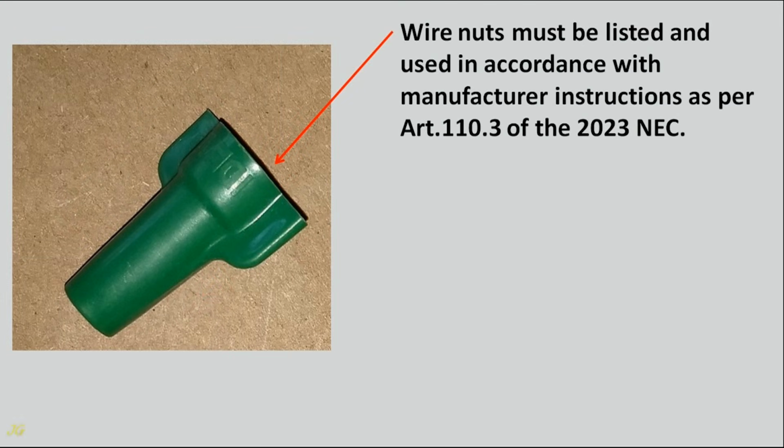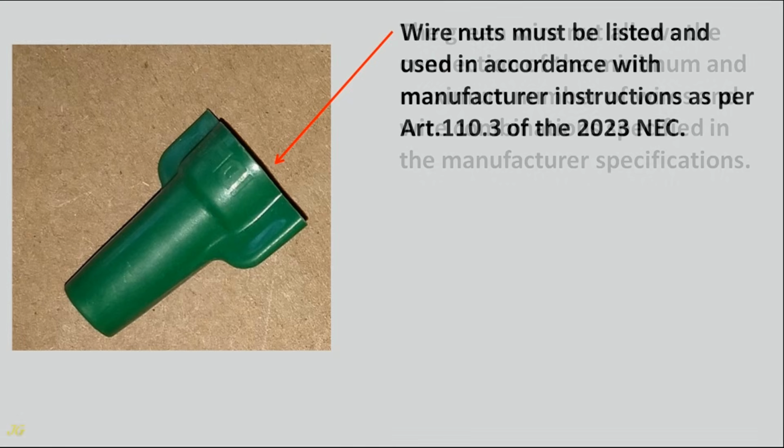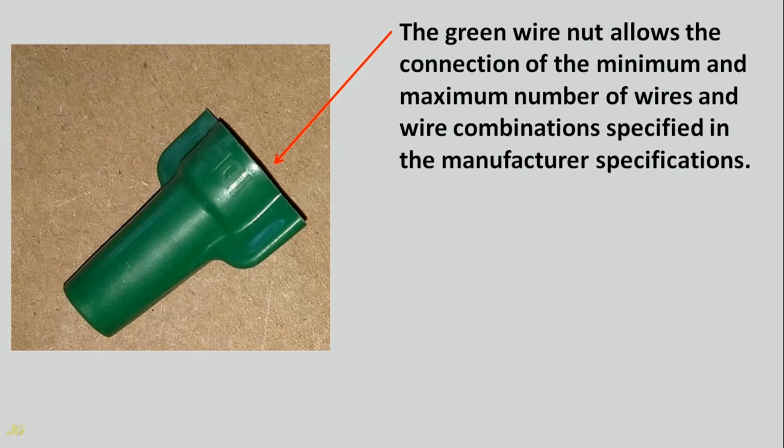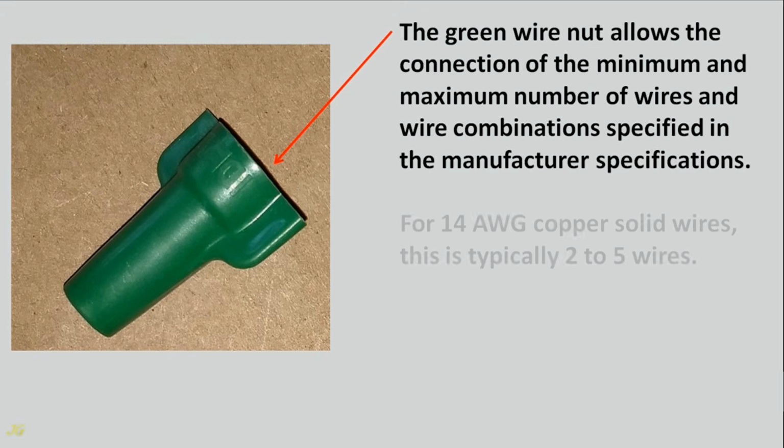Wire nuts must be listed and used in accordance with manufacturer instructions as per Article 110.3 of the 2023 NEC. The green wire nut allows the connection of the minimum and maximum number of wires and wire combinations specified in the manufacturer specifications.